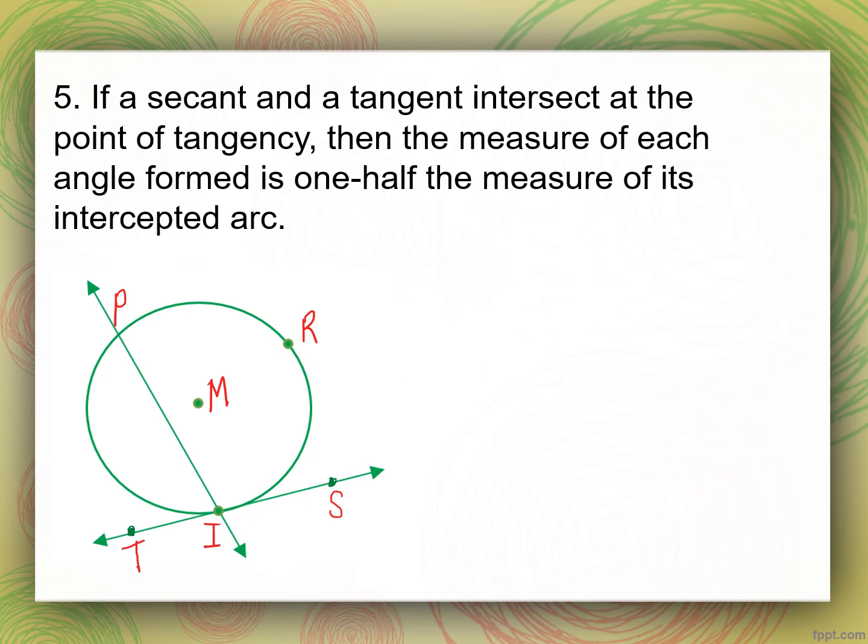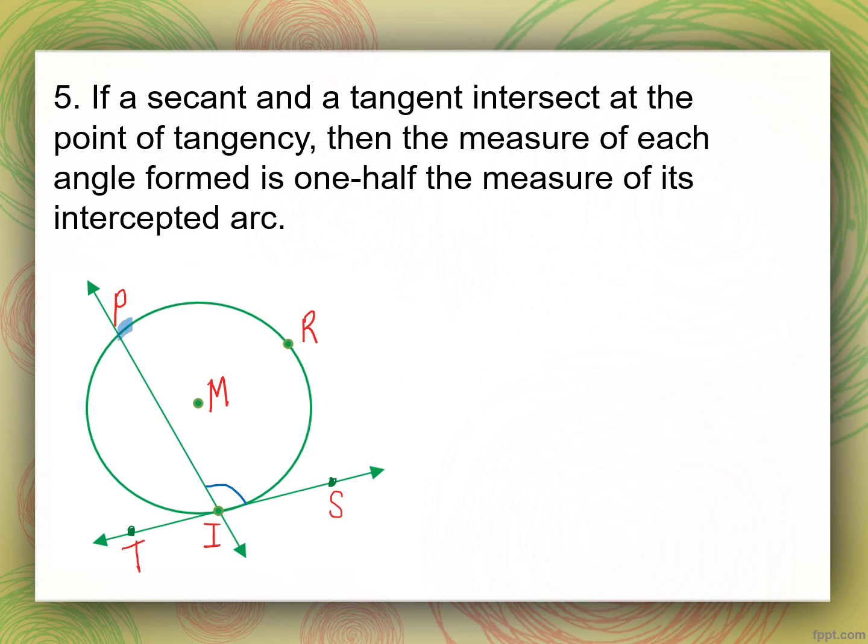So if you're looking for the measure of, for example, angle PIS, this one, then based on the theorem, to find the measure of this angle, just get half the measure of its intercepted arc. Now, what is the intercepted arc of angle PIS?